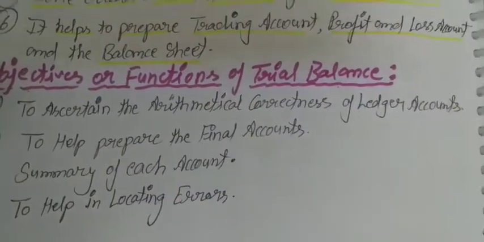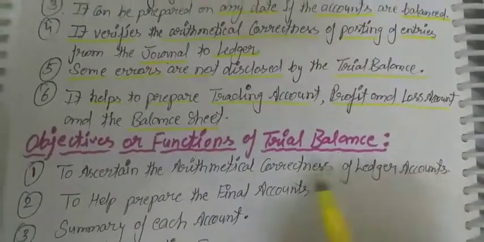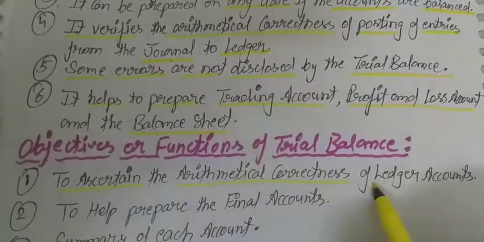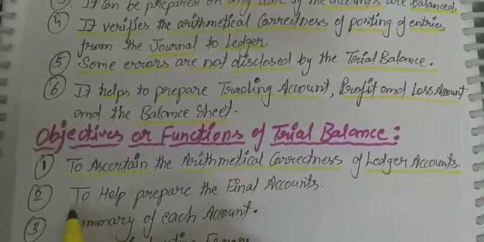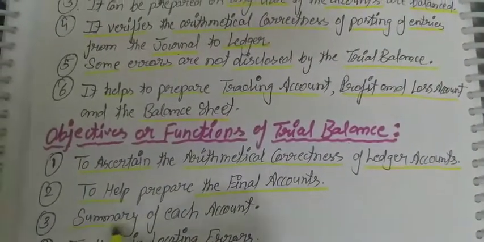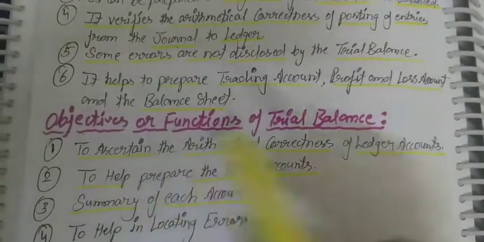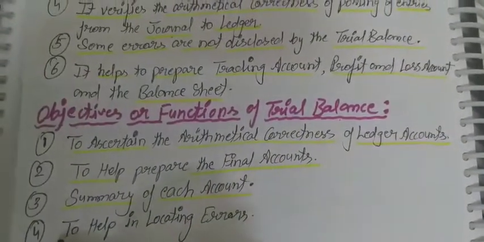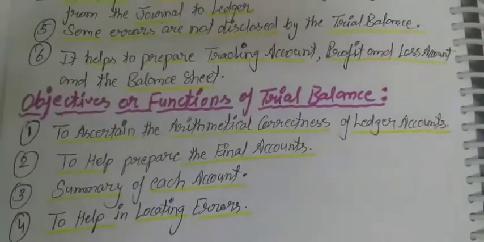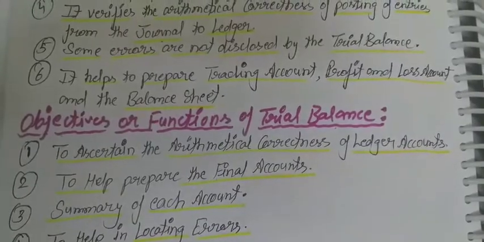So these are the objectives or functions of trial balance: to ascertain arithmetical correctness of the ledger accounts, to help prepare the final accounts, summary of each account, because the balances of accounts are recorded in the trial balance, and it helps in locating errors in the accounts whenever we prepare the ledgers from the journal.